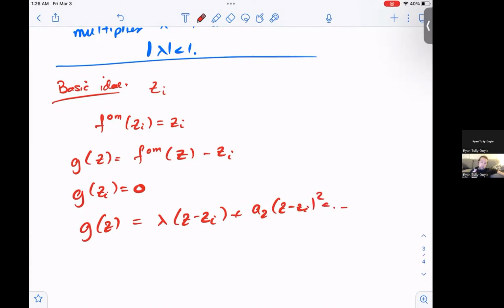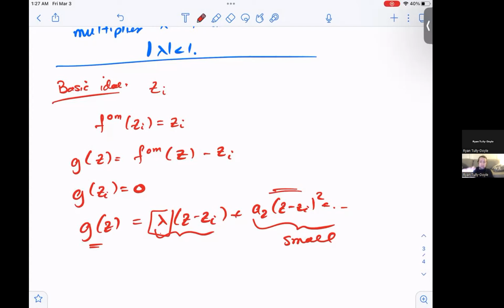And the idea is that if you get really close to the point z_i, these terms are all small. And so close to the point z_i, this function g of z looks like lambda times a linear piece. And that's what gets you the connection here, that since g of z is approximately linear when you're close enough to z_i, so that these terms over here are very small, then the upshot is that the lambda that you get there, which is the derivative of g, sort of controls whether or not you're attracting or not.